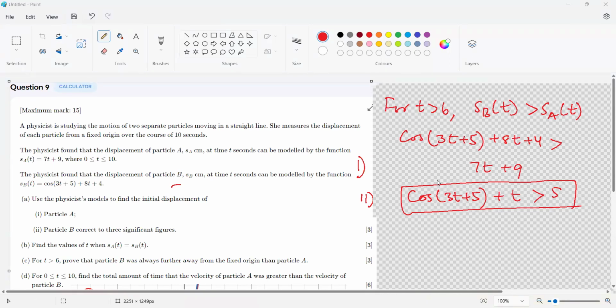Now, you should remember that the cosine function has the minimum value -1 and the maximum value +1, isn't it?